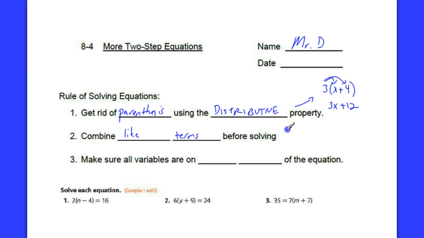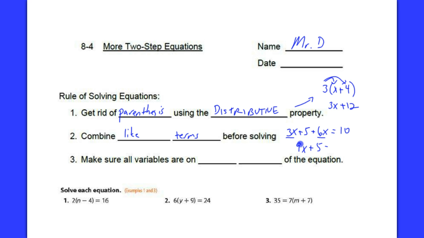For example, let's say I had something like 3x plus 5 plus 6x equals 10. If we were going to solve this, before we tried to subtract that 5, we want to combine these two like terms, and remember I can add 3x and 6x and get 9x.